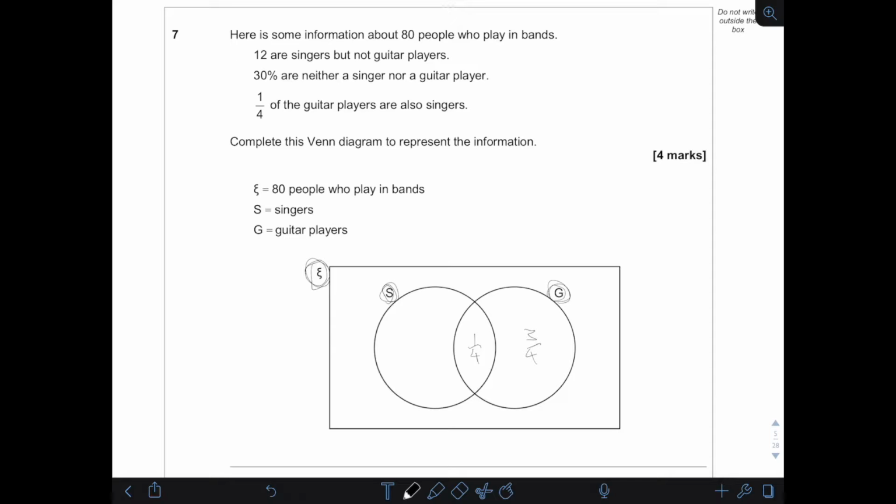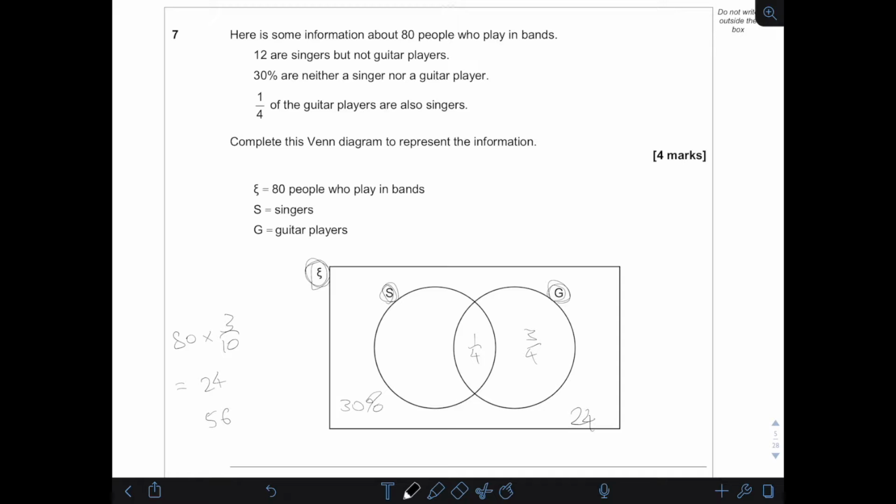So outside here there are about 30%, and then within the two circles there are 70% in total, right? So we can start from there. 30% of 80 people is 3/10 of 80, which equals 24 people. So there are 24 people outside, and that would be 56 people within the circles.